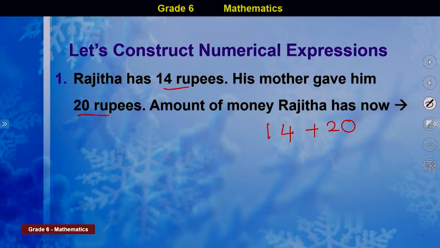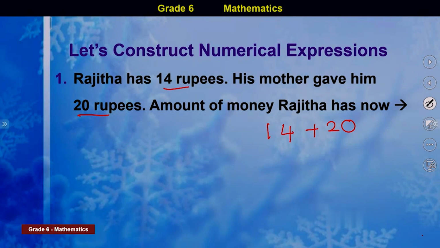Now this is a numerical expression. Can you see? It has numbers and also a mathematical operation. We can simplify a numerical expression further. We have to add 14 and 20.